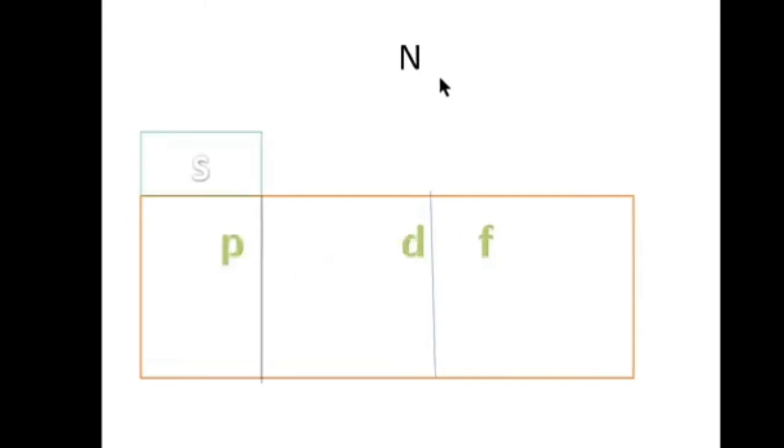Now, N is a house with 4 rooms, S, P, D and F. You know, S 2, P 6, D 10 and F 14.